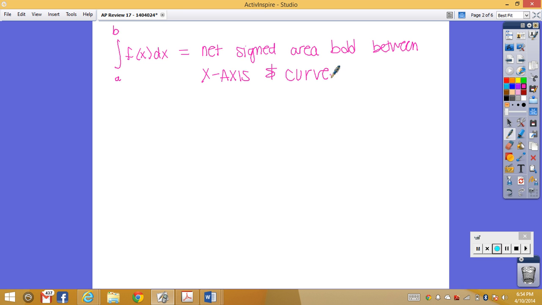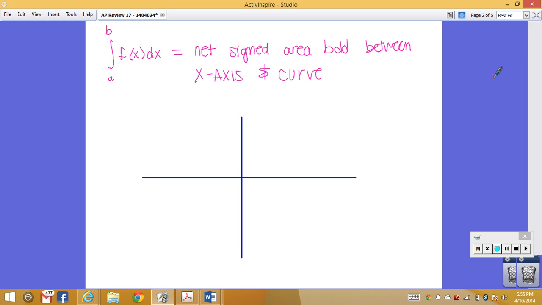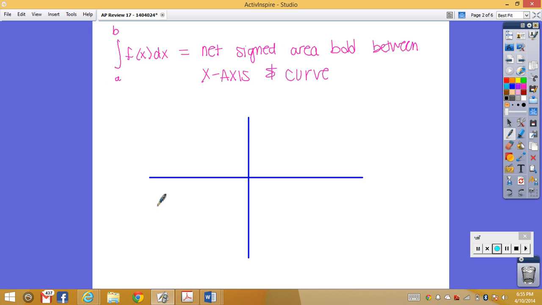So if I draw a function, it doesn't have to be a perfect thing, and I draw some type of curve here from A to B, then the integral is the net signed area.